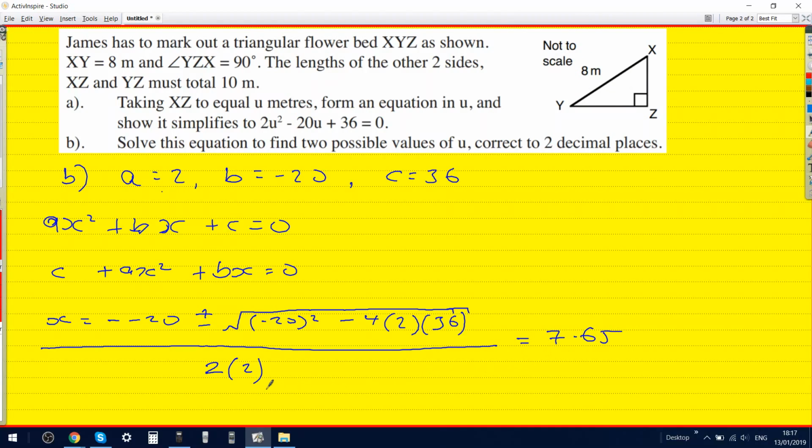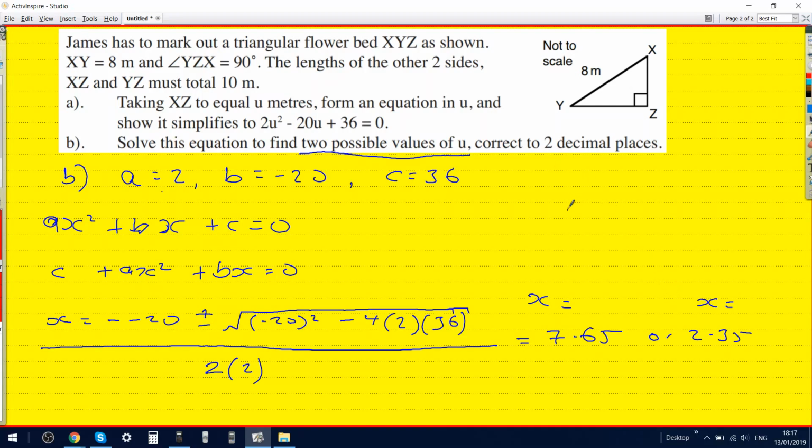Yeah, absolutely. Yeah, 2.35. So x equals 7.65 or 2.35.